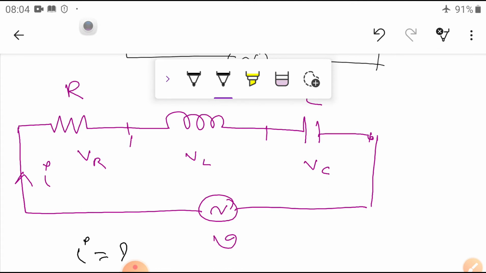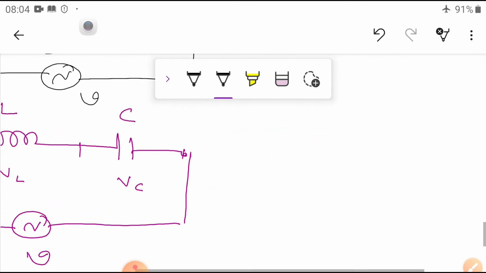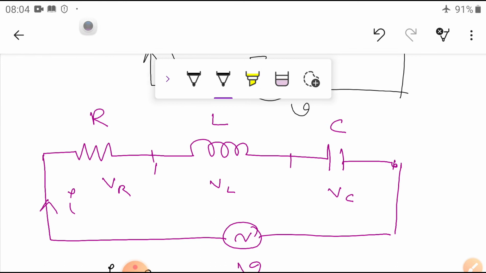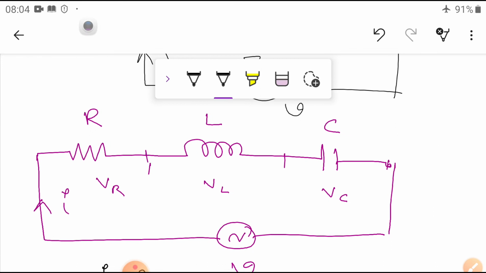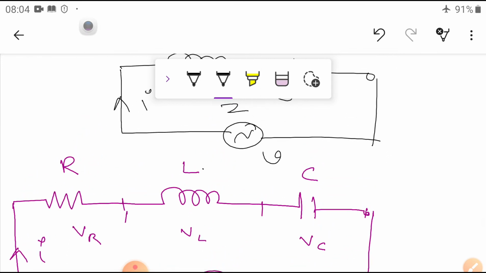When it is connected, the first step you have to do: RLC is given, so you convert it. L is inductance, what is the unit? Henry. C is capacitance, what is the unit? Farads.